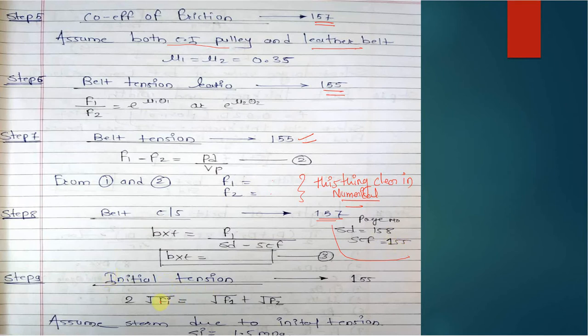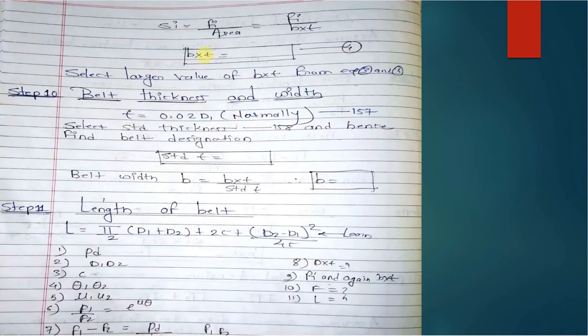The formula is 2Fi equal to F1 plus F2, page number 155. Sigma i is equal to Fi by area, equal to Fi divided by B multiplied by T, B equal to T. Here it is not a P, it is Fi.